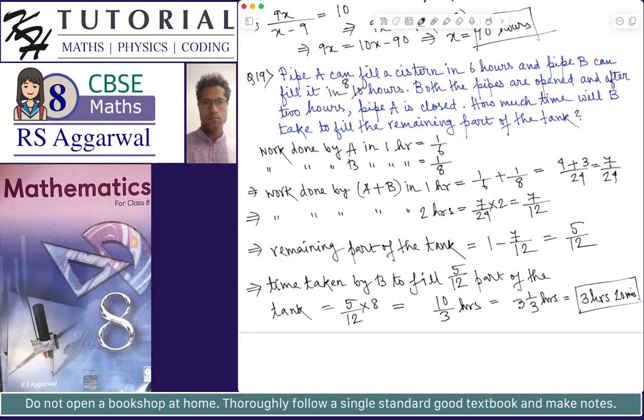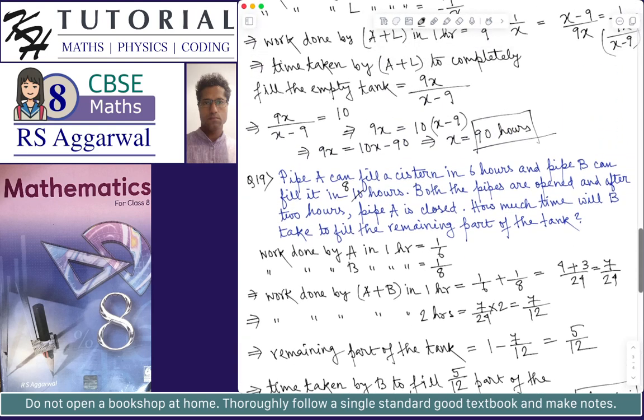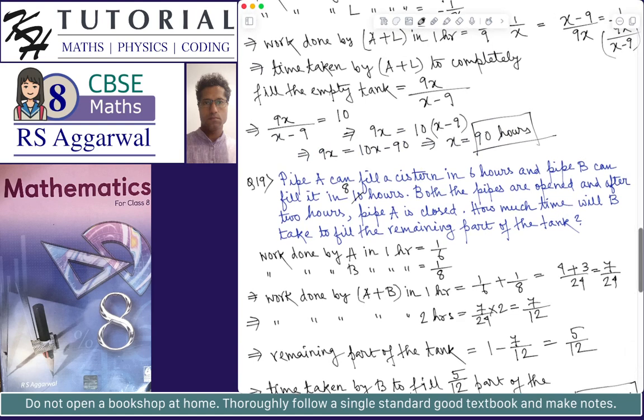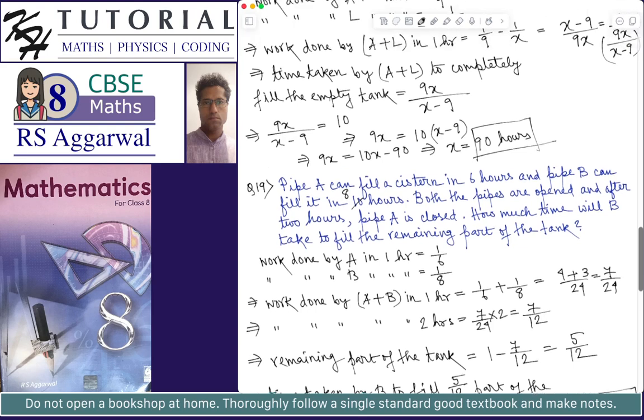Okay, so this was all the remaining problems of exercise 13A, which were based on pipes and cistern. These are very straightforward problems, and not at all hard. But I think solving these problems will give you a good clarity of how the fundamental concepts are applied to solve problems on pipes and cistern.